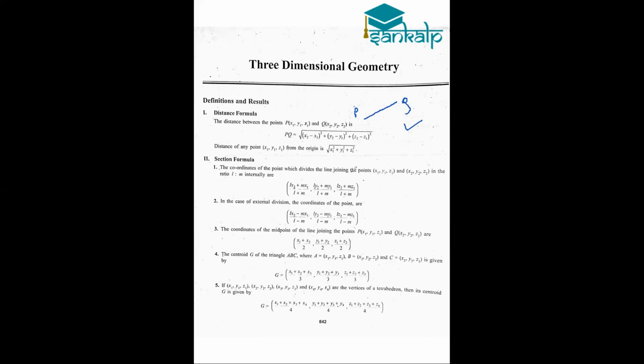Next we have the section formula. The coordinates of the point which divides the line joining the points P and Q in the ratio L is to M internally. Suppose PQ is a line, and R divides it in the ratio L is to M, then the coordinates of the point R are given by (Lx2 plus Mx1) divided by (L plus M), (Ly2 plus My1) divided by (L plus M), (Lz2 plus Mz1) divided by (L plus M).